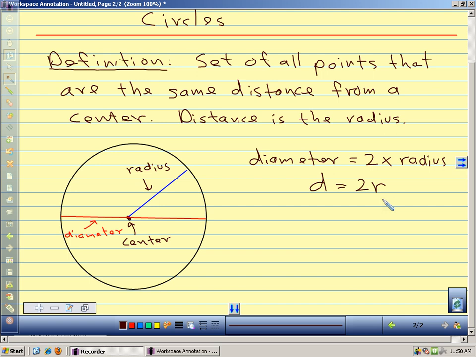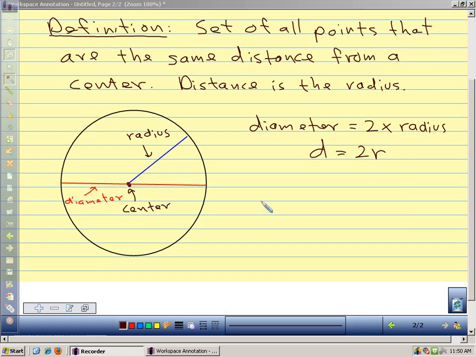And with circles, we call the distance around the circumference rather than the perimeter. So they mean the same thing, but with circles we call it the circumference. So here is our formula for the circumference. The circumference equals the distance around.